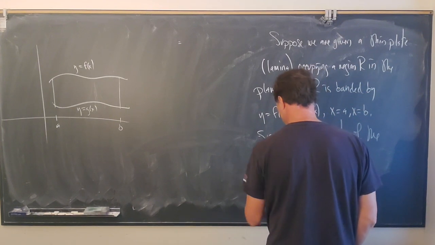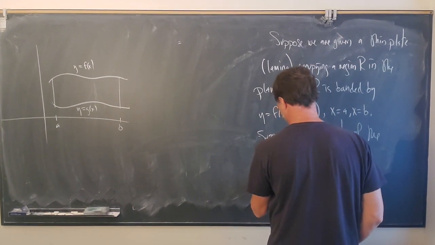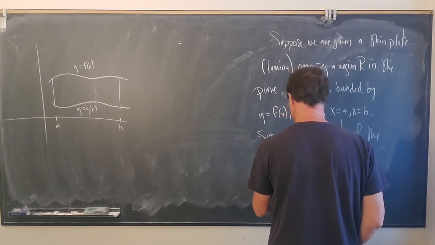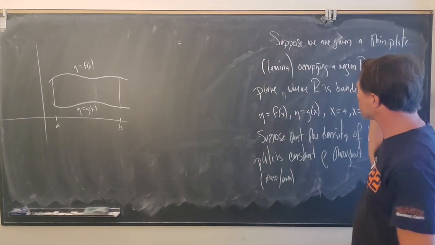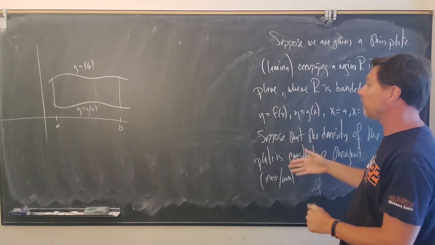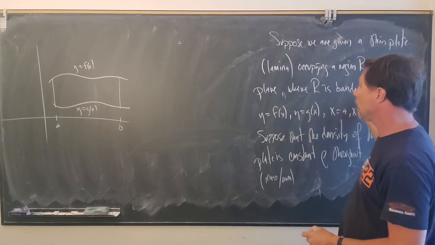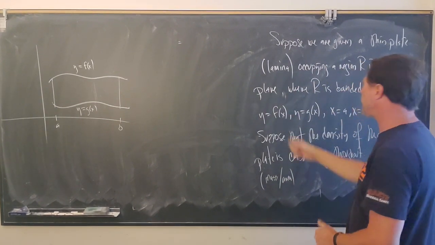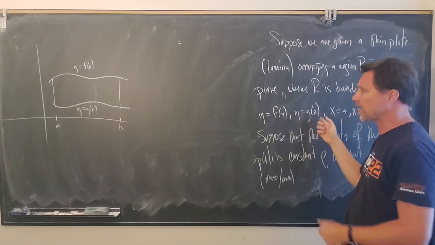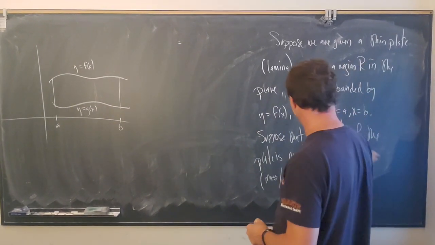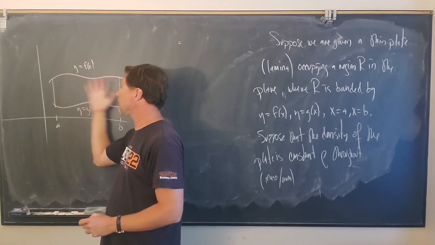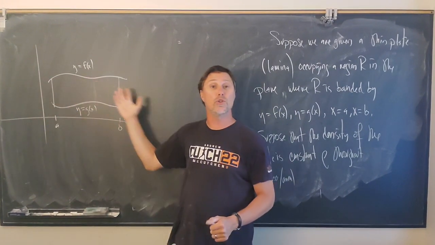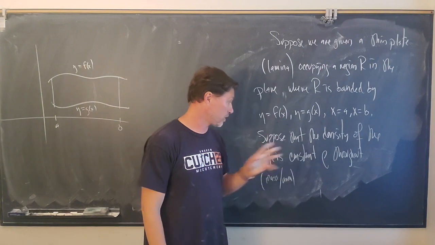In this case, it's going to be mass per unit area. Okay, so here's our setup. We've got this thin plate or lamina bounded by these regions right here. We need to assume that these functions are continuous as usual, and that the density, the amount of stuff that has been distributed throughout this thing, has been done so in a uniform way, right? So that the density is constant.